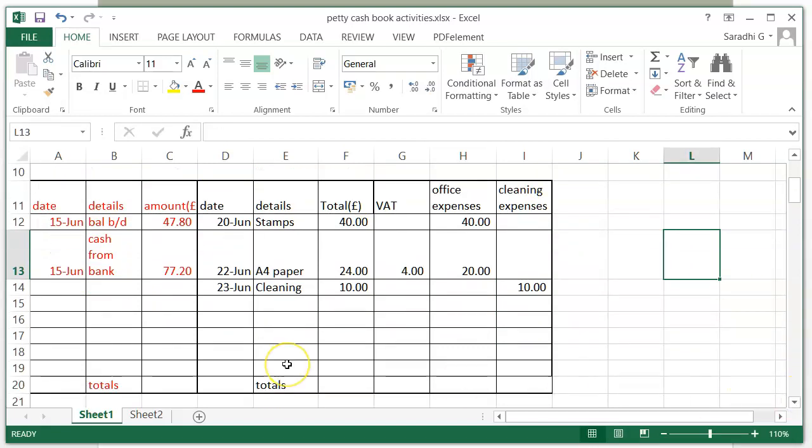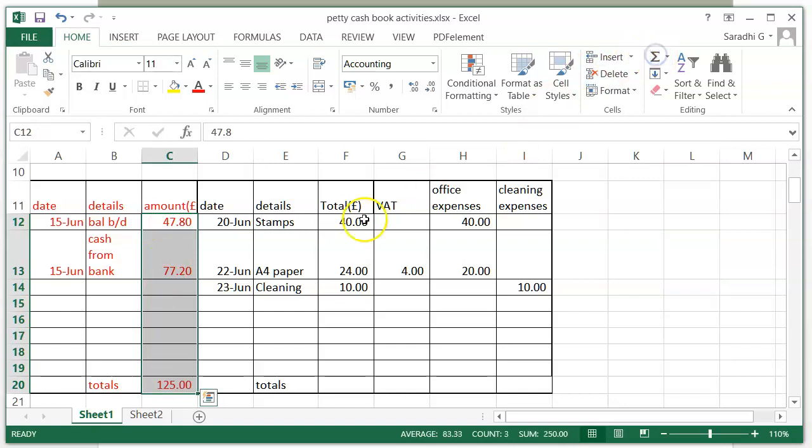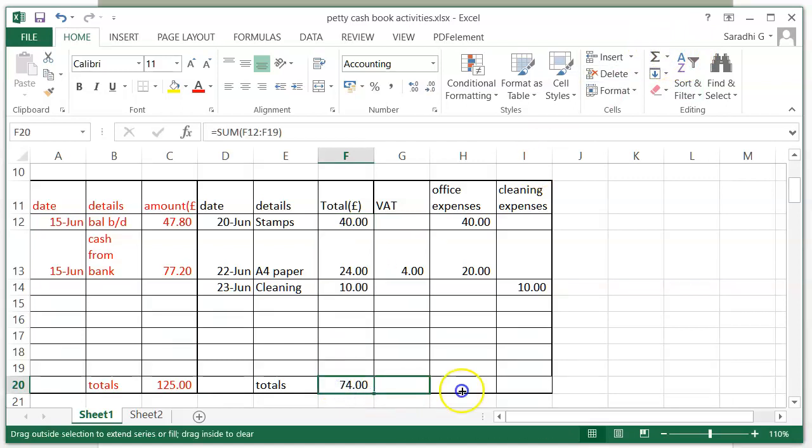Now I am going to show you how to balance it. In order to balance it, first record the totals of all the sides. All the amount columns have to be totaled. In total, you started off on the receipt side with 125 pounds.